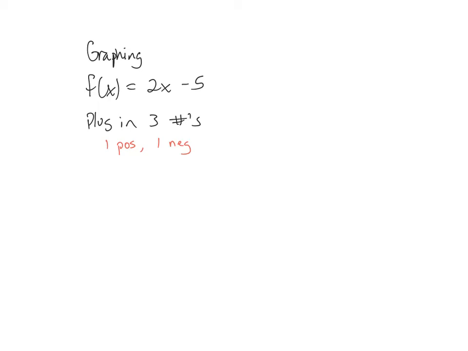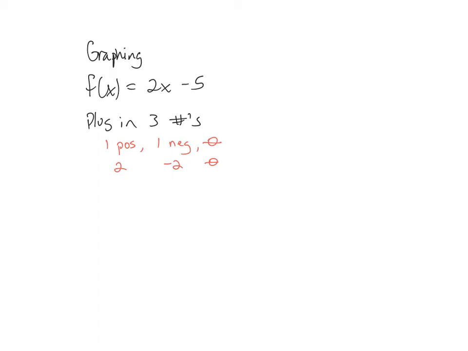I highly recommend 0. Plugging in 0 is really easy. Okay, so I typically pick 2, negative 2, and 0. And it's not wrong to pick 1, negative 1, and 0. I just like my points to be spread out a little bit more. It gives me a better idea of what the graph should look like.